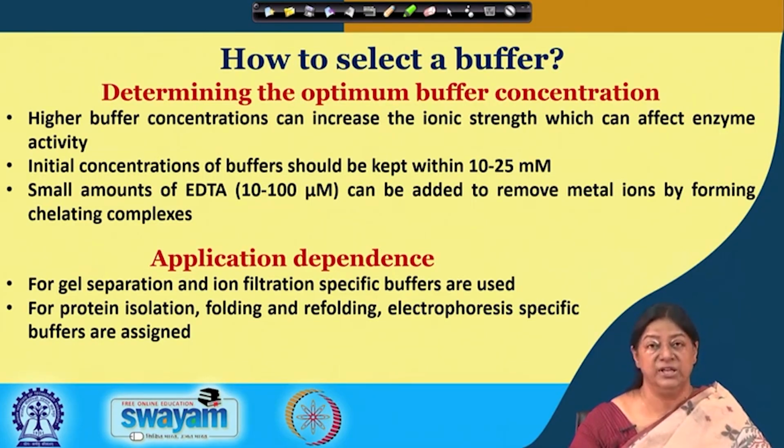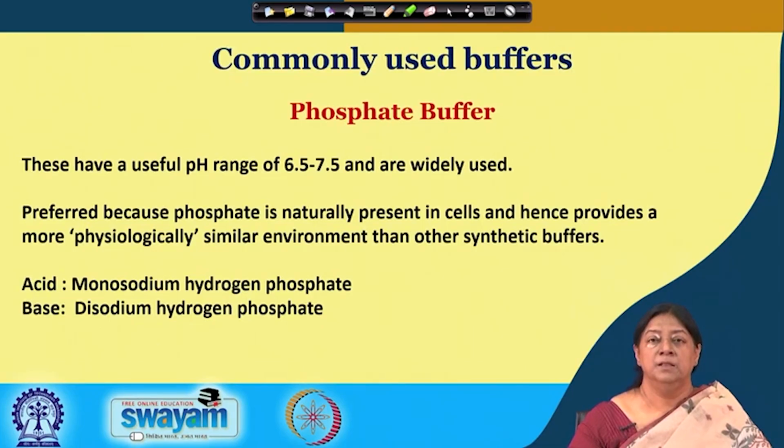For example, gel electrophoresis, chromatographic methods. We will be looking at specific experiments as we conduct this course, and you will realize the importance of having the correct buffer, the correct pH, and what implications this can have on biochemical activity. The most commonly used buffer is probably the phosphate buffer.